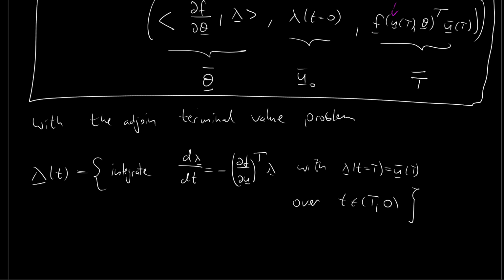So it is a terminal value problem. It starts at the final time and we integrate it all the way to the beginning. So here in our problem, we chose that the integration starts at 0.